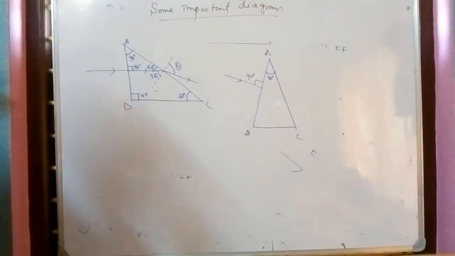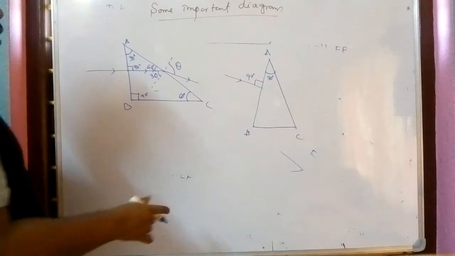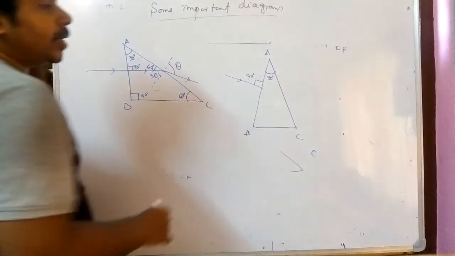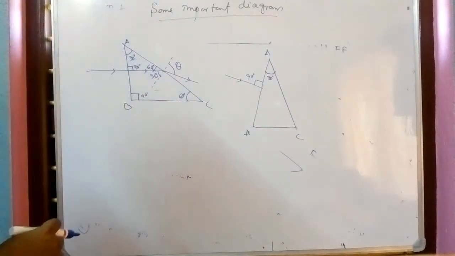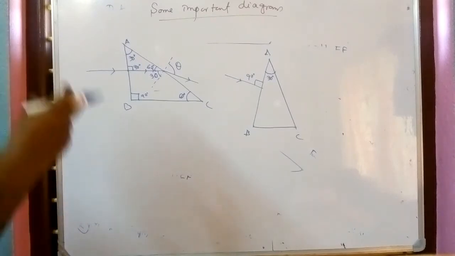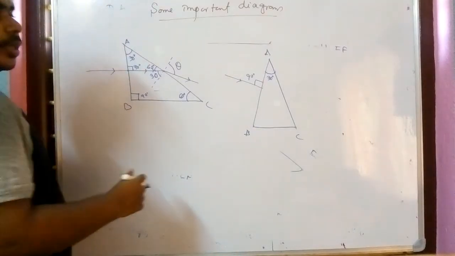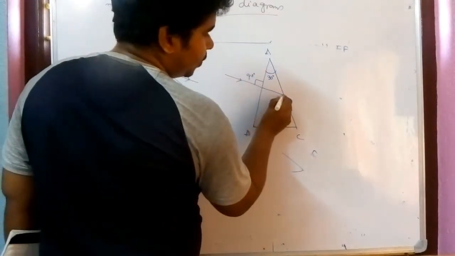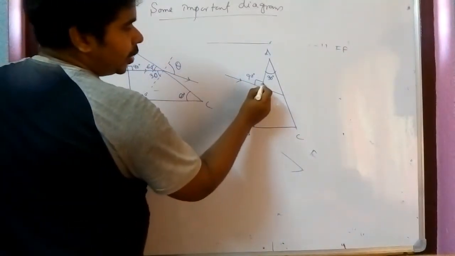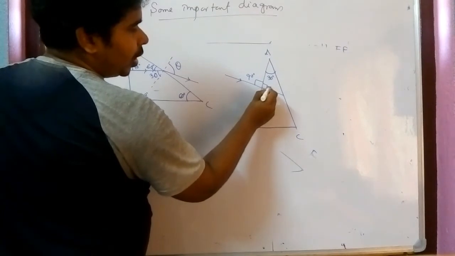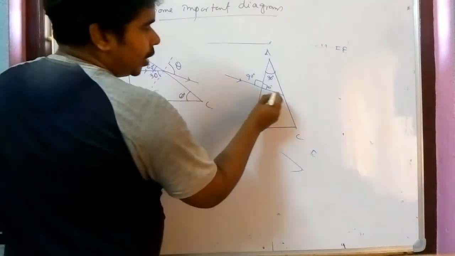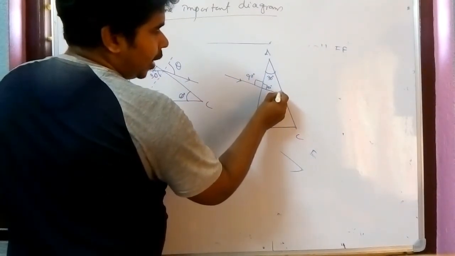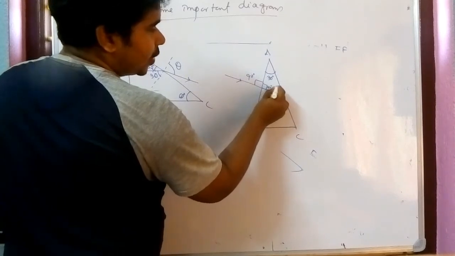Clearly it is not angle of incidence, keep it in mind, it is the angle made by the light ray with the plane. Okay, and actual angle of incidence is 0-degree. So here also there will be no deviation, it will reach here. Okay, so if it is 90-degree, this angle will also be 90-degree, and here if it is 90, this angle you can know that it is 60-degree.